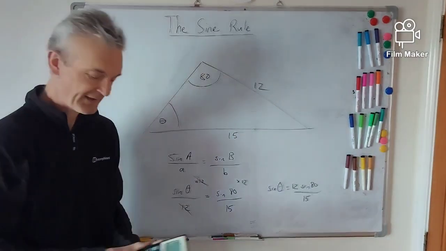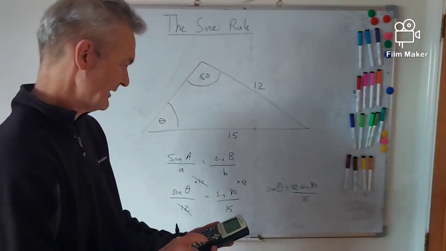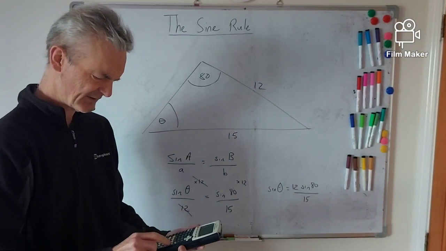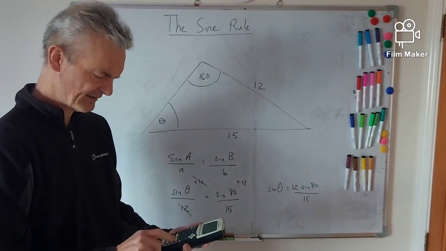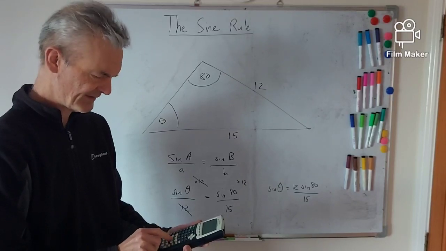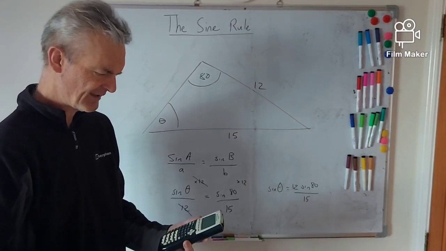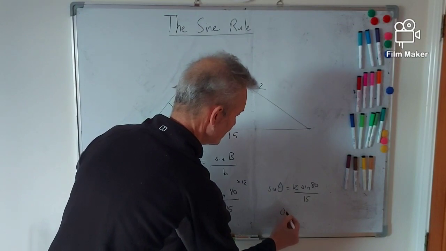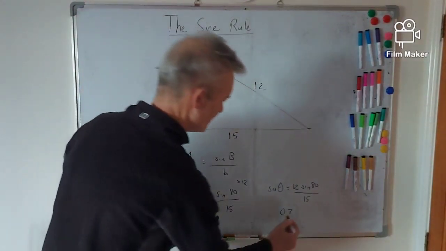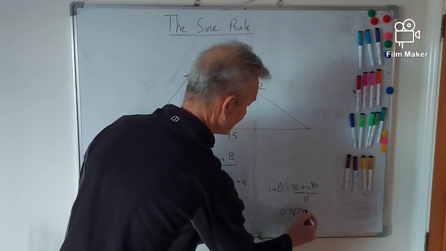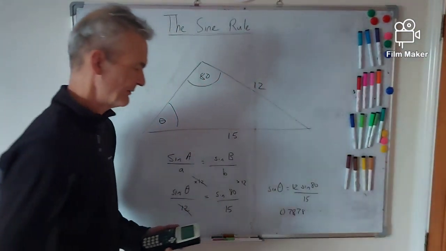Then I grab my calculator and I can do 12 sine 80 divided by 15, and that's going to give me 0.7878, and some more decimals.